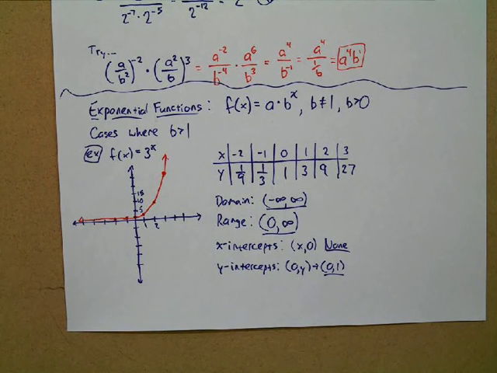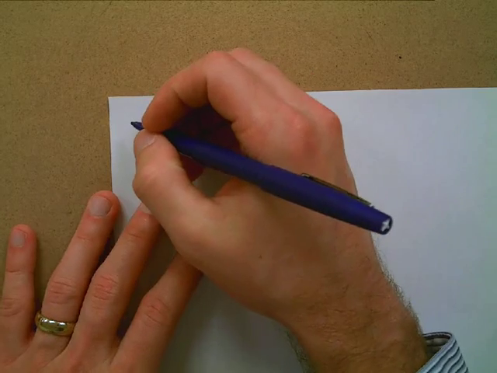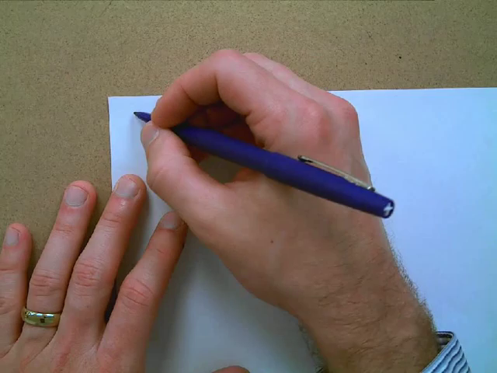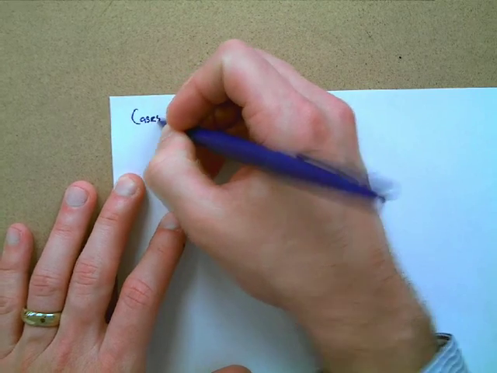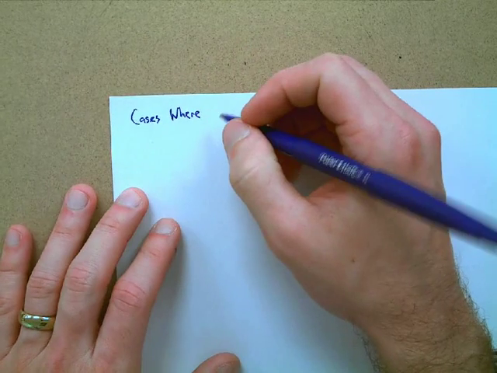So we'll look at cases where 0 is less than b is less than 1. For this one I won't get too creative. I'm just going to say f of x equals 1/3 to the x.